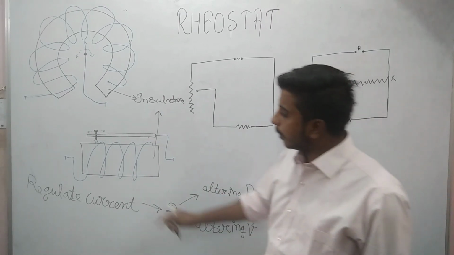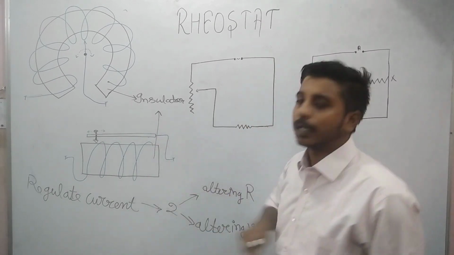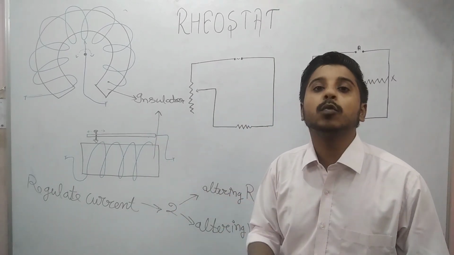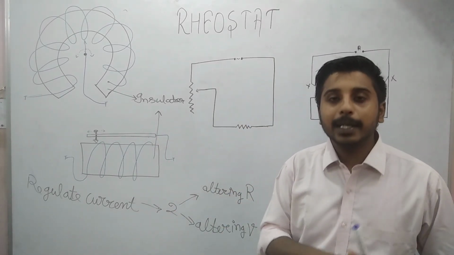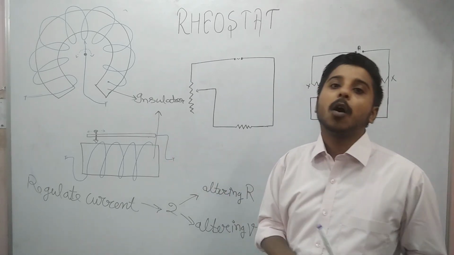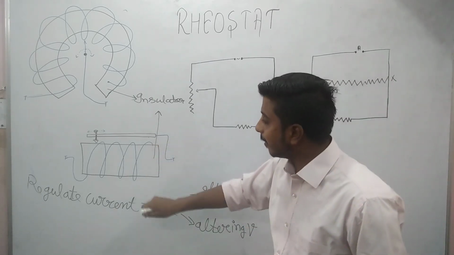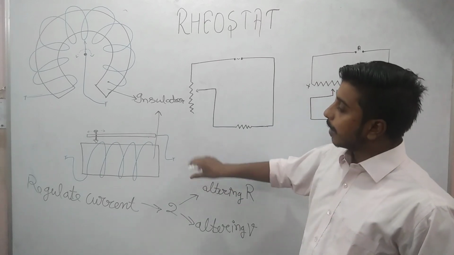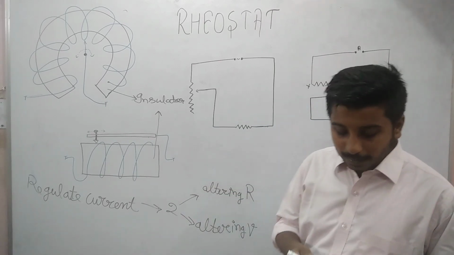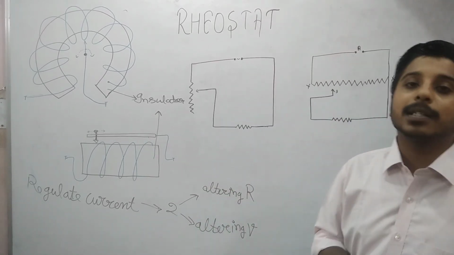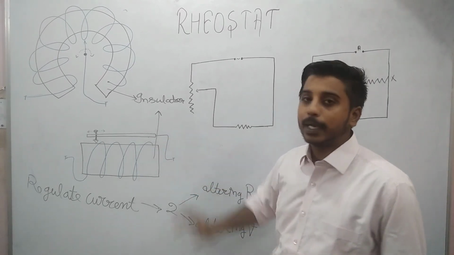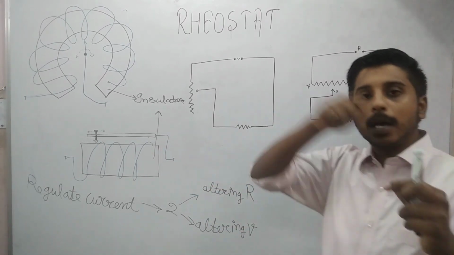Above it we have a wiring, which is an insulated wire, which means it has a covering of an insulator and it is bound on an insulator. So we can simply say a rheostat consists of an insulator on which we wound an insulated coil of wire.